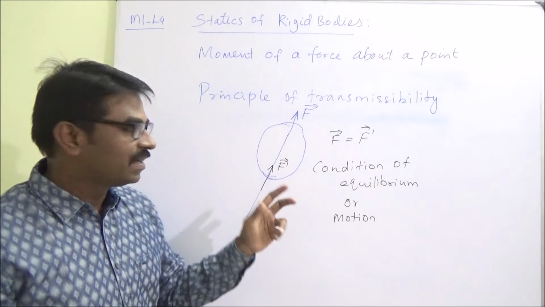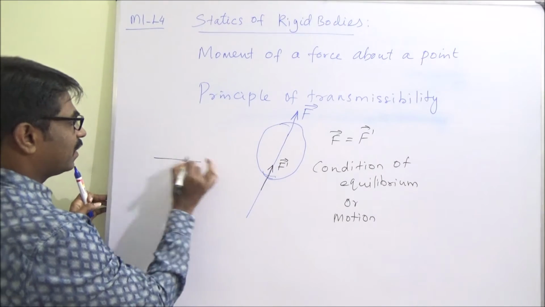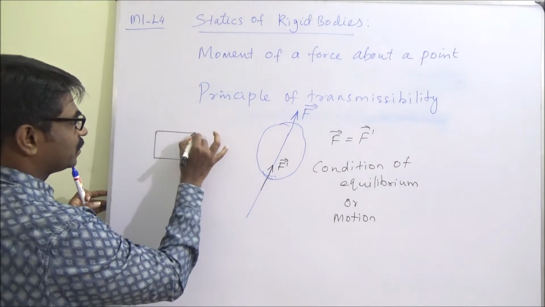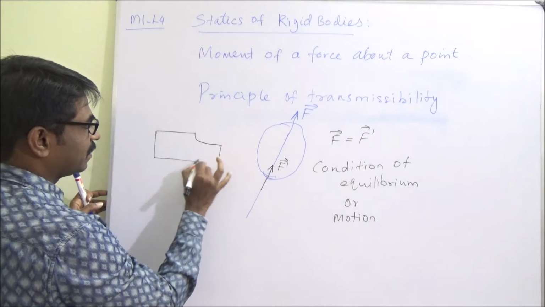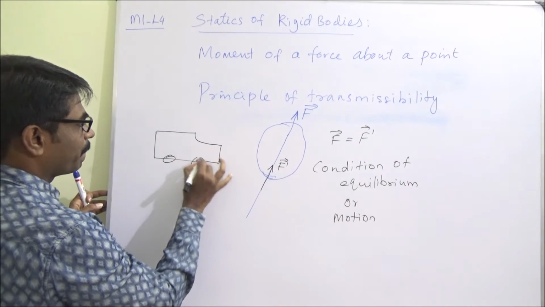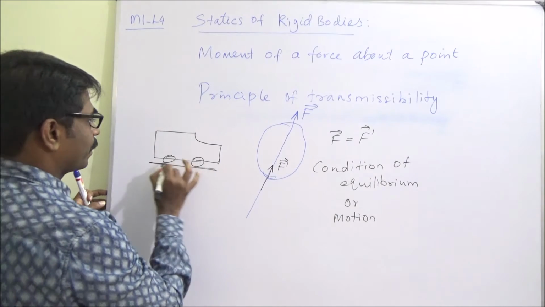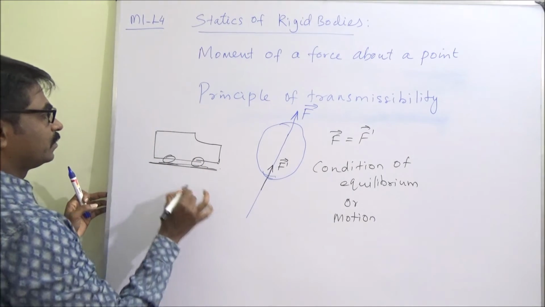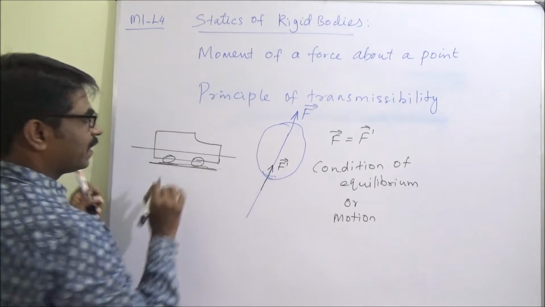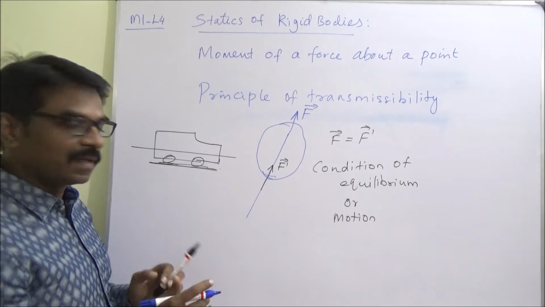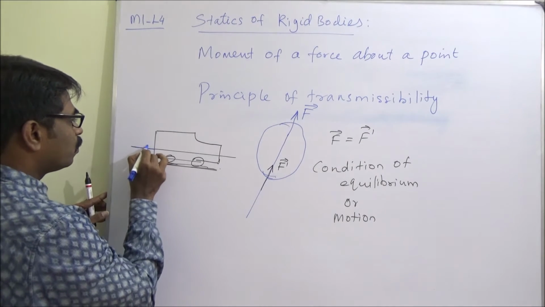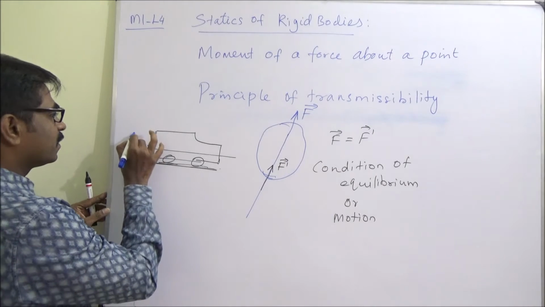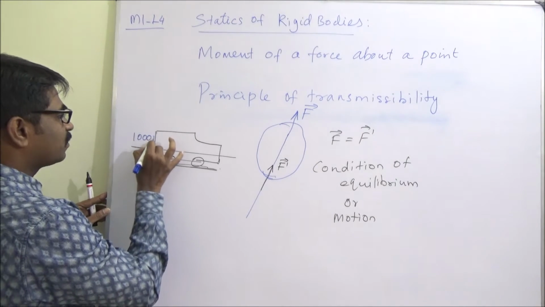You understood this? Say for example, you take a truck. This is the line of action. You push the truck with some 1000 Newton.